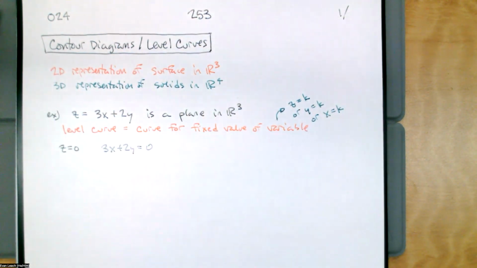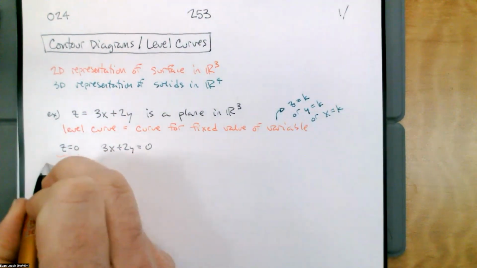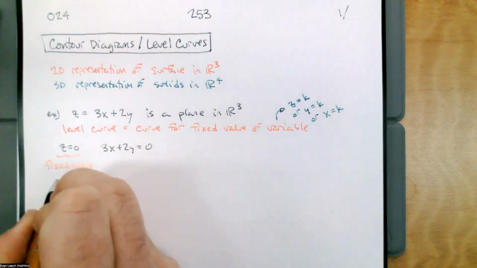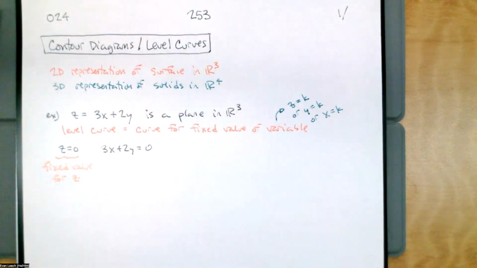Unsurprisingly, the contours of our plane are just going to be lines. So we have a fixed value for z, and then over here, we have the resulting curve.